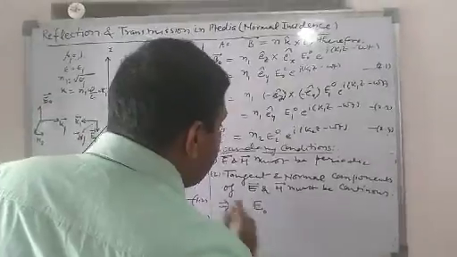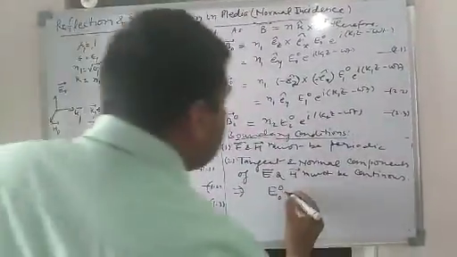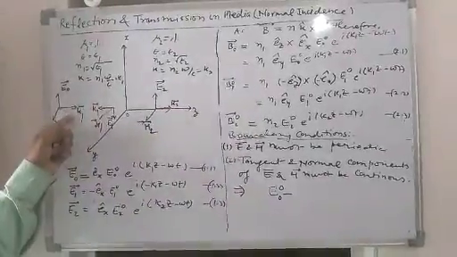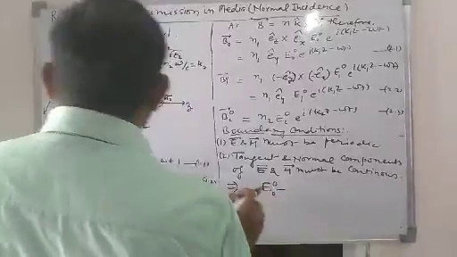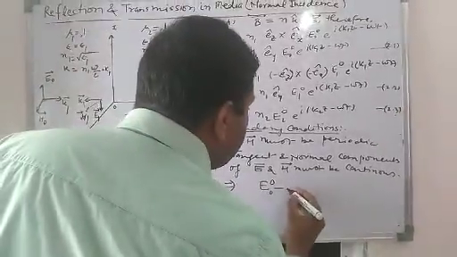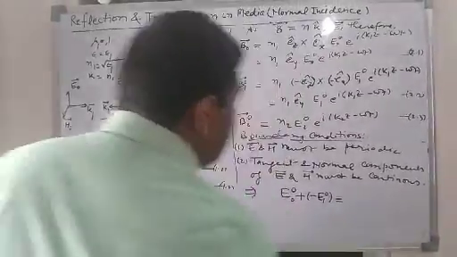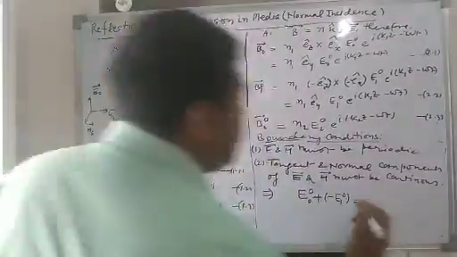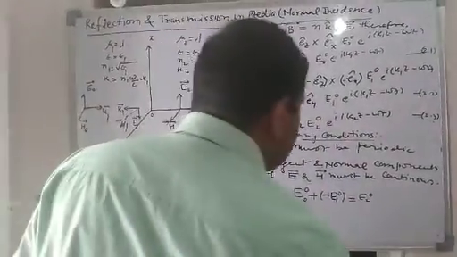What we have is E naught naught as the incident thing. Then the other one is E1 naught. However, it differs by a sign. So we will write E1 naught, and that should be equal to E2 naught. So that is my condition number 1.